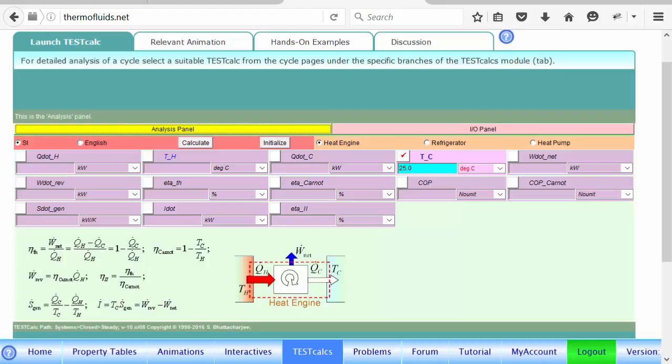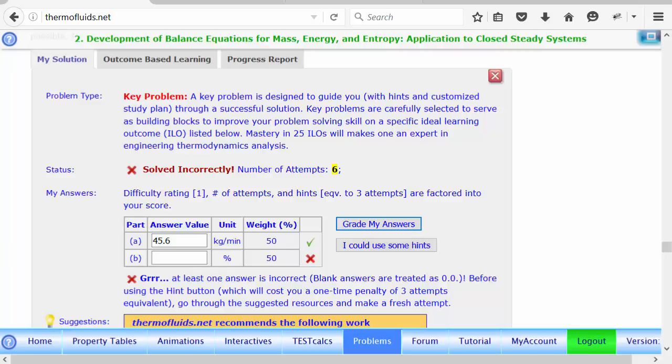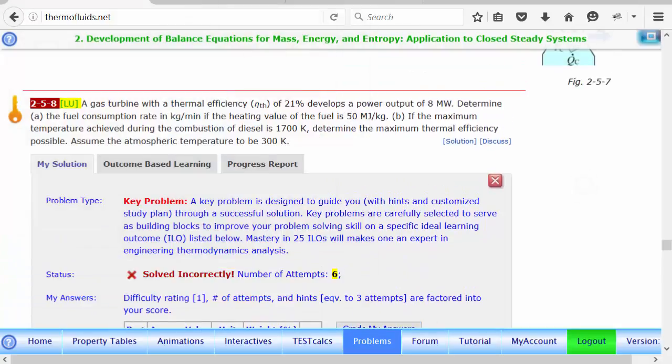the problem using the test calc, let's see what is the second part. If the maximum temperature achieved during the combustion of diesel is 1700 Kelvin, determine the maximum thermal efficiency. Atmospheric temperature is 300 Kelvin. Of course, the maximum thermal efficiency is the Carnot efficiency. So we don't have to understand how a gas turbine works at all.